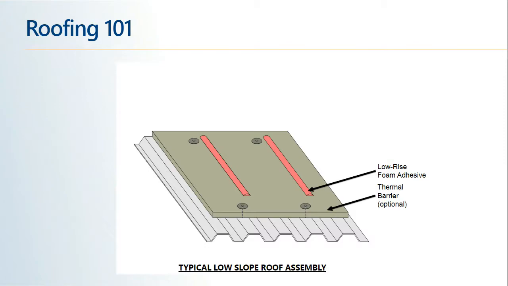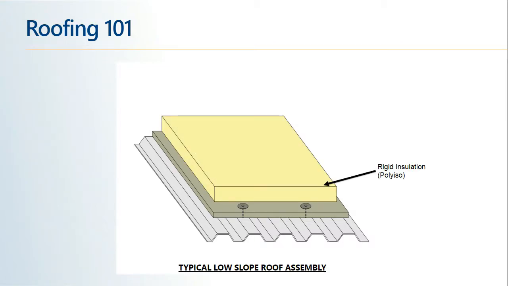And then you'll see the low-rise foam adhesive, which is basically the crux of what we're talking about today, applied in what we call ribbons, or lines of adhesive that are at predetermined spacings. So that's installed on top of this substrate board, and then over that goes our first layer of insulation.